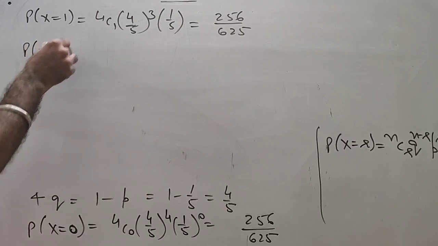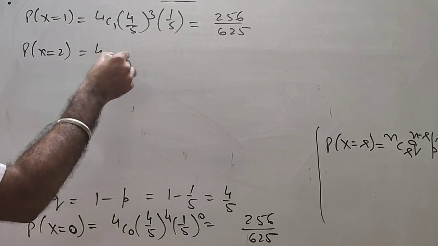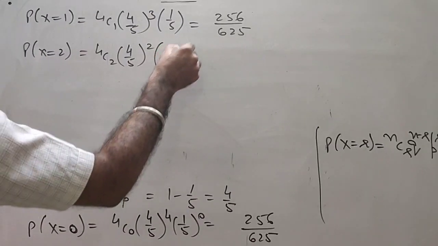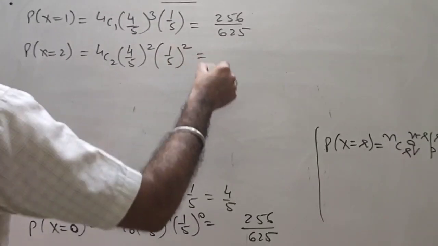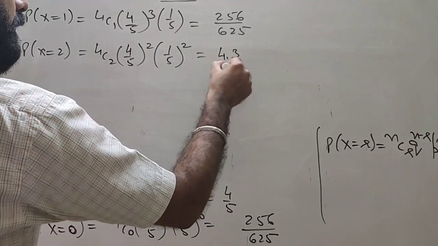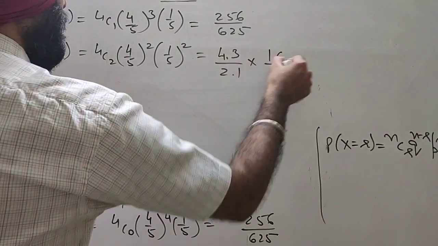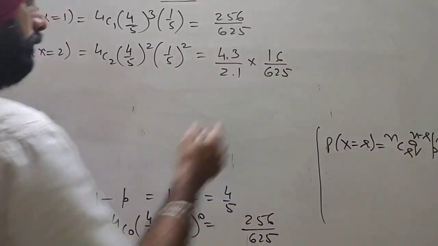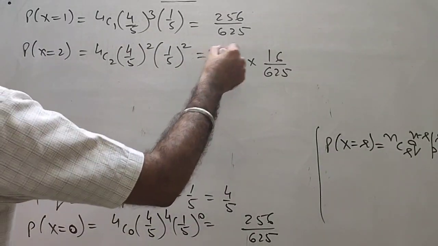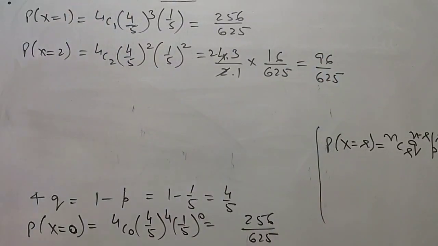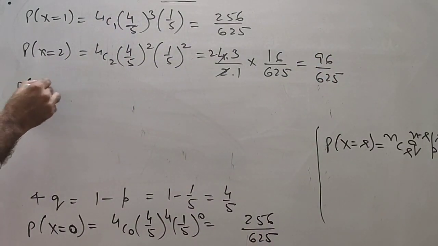Probability of X equal to 2 is 4C2, 4 by 5 raised to power 2 and 1 by 5 raised to power 2. 4C2 is 4 into 3 divided by 2 into 1, that is 6, into 16 by 625, which is 96 by 625.